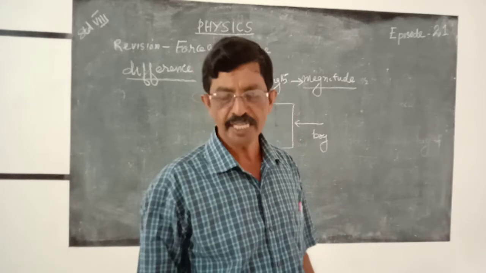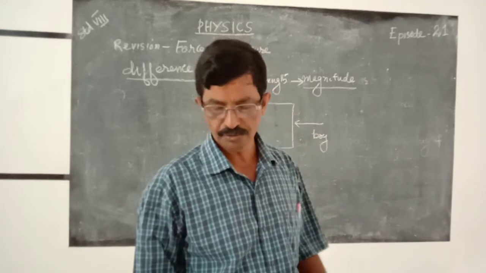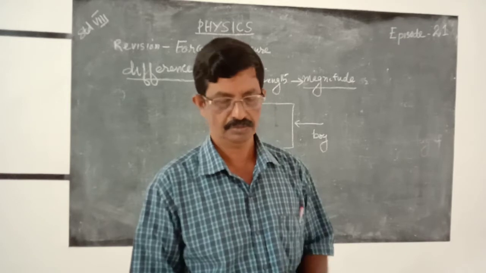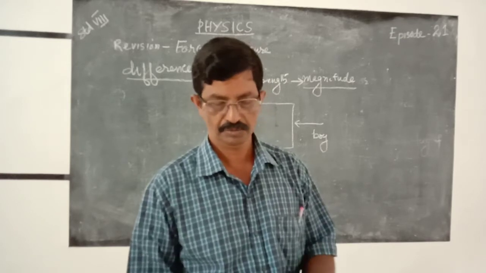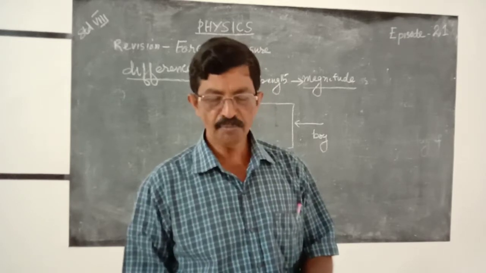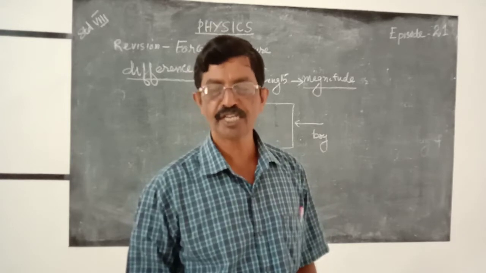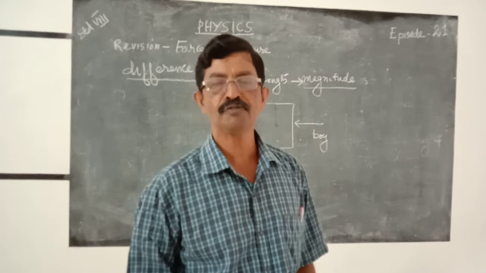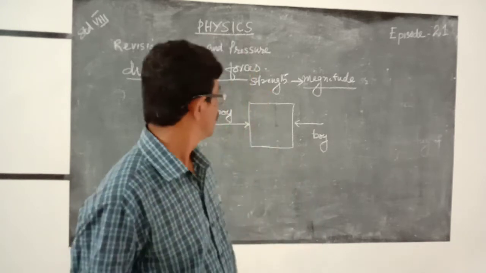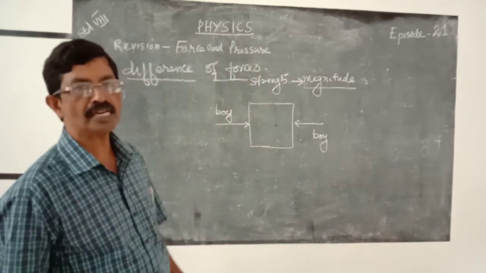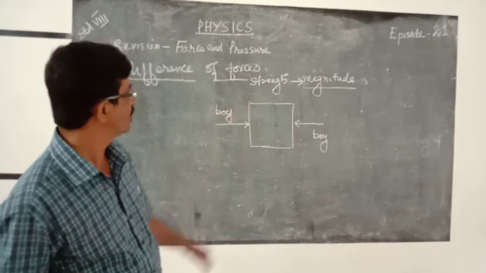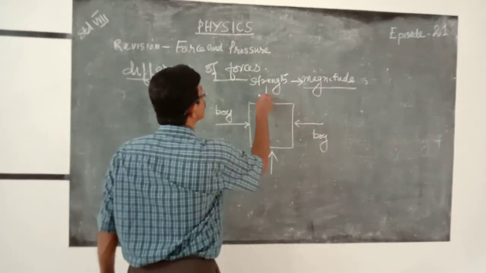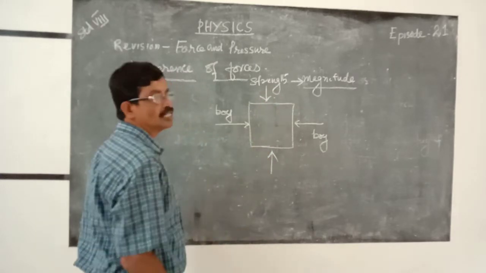Now another question to you. When a number of forces act on an object, then how do we find the effect of the forces? Suppose here a number of forces act on this. In this side also there is one force. Suppose here also one force.